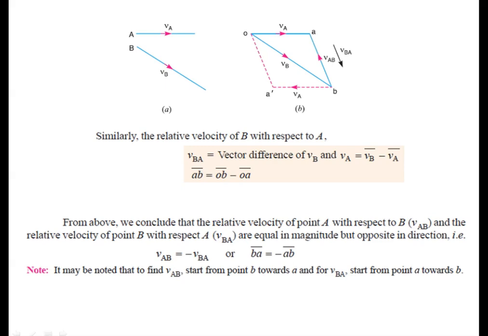When you take O as the common origin, first you plot VA from O to A, then you take VB at the same angle, as in the second figure, and place it from the origin O. So VA you have drawn, then VB you have drawn.